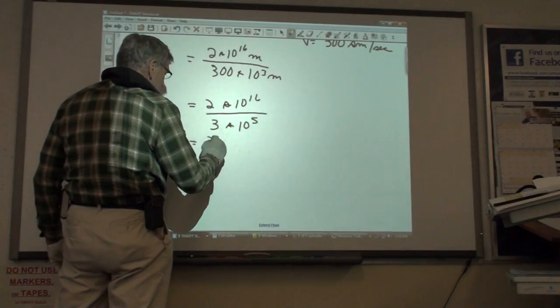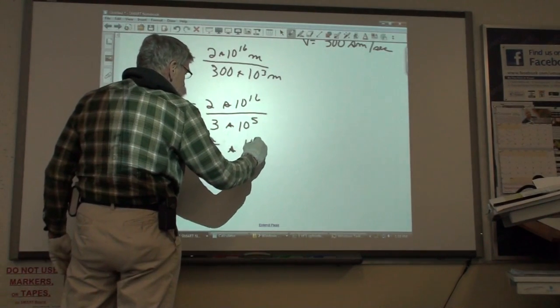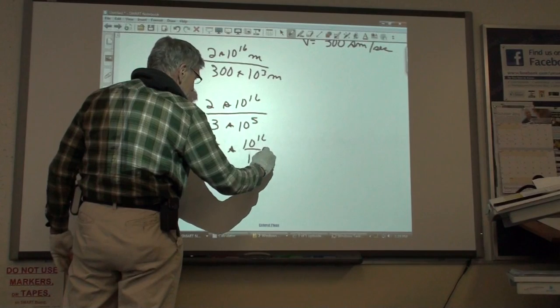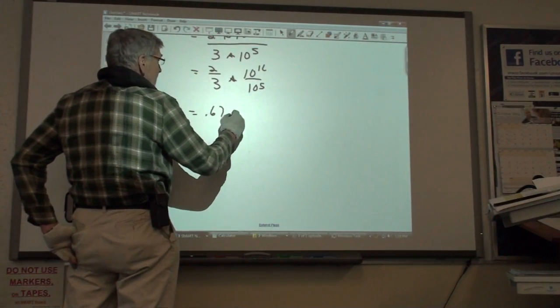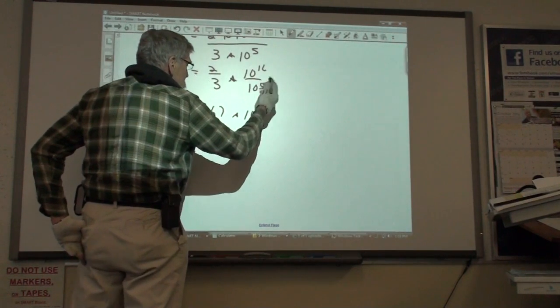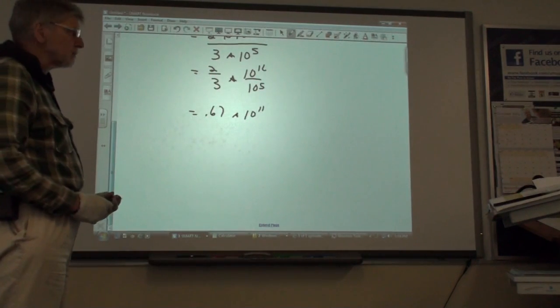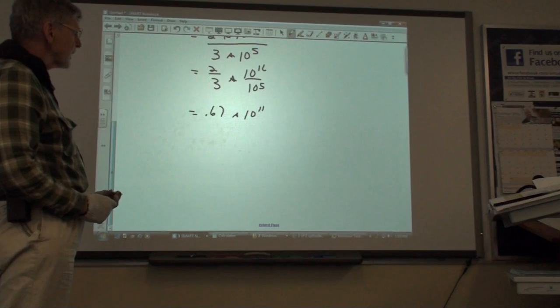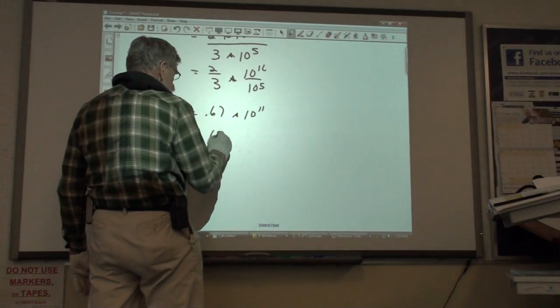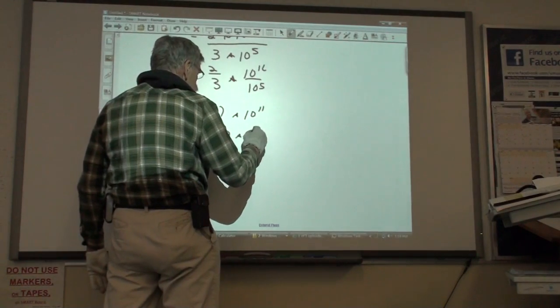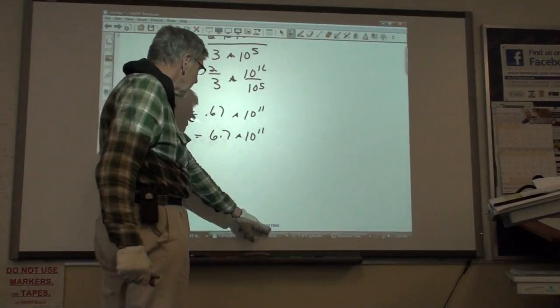So we have 2/3 times 10 to the 16th over 10 to the 5th, which is equal to 0.67 times 10 to the 11th, using our usual rules of exponents. So this is now in seconds, so this is equal to 6.7 times 10 to the 10th, and this is in seconds again.